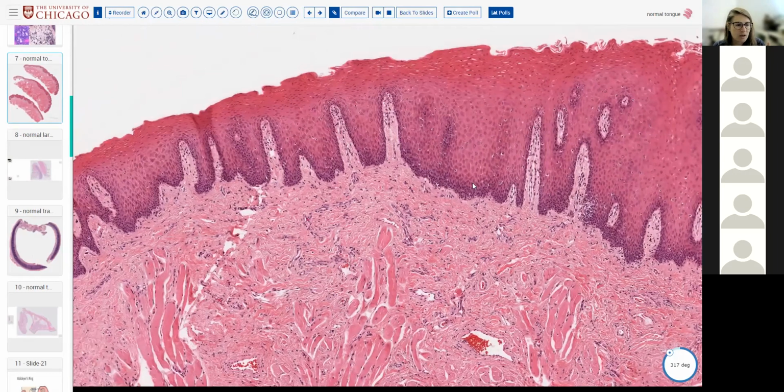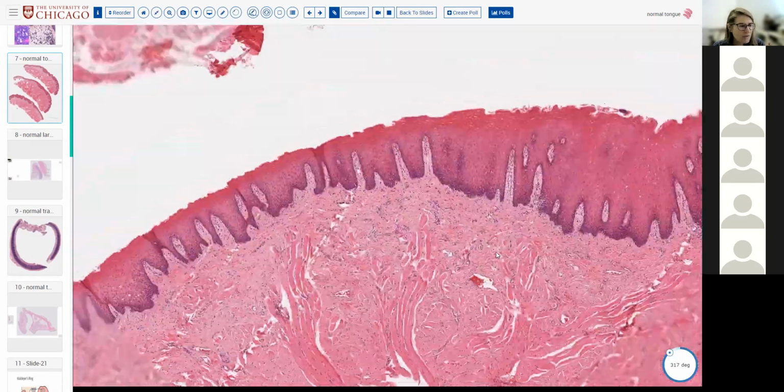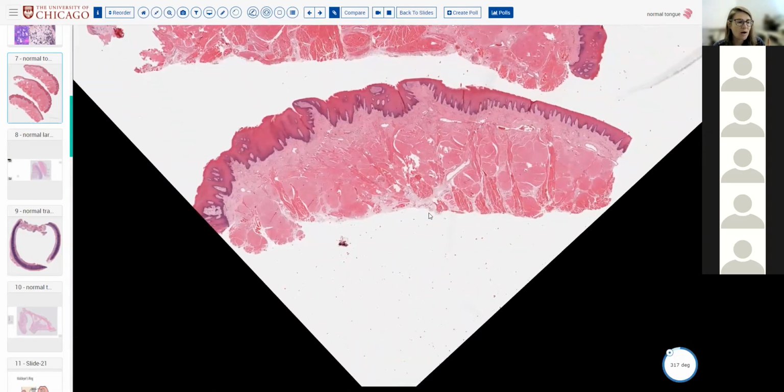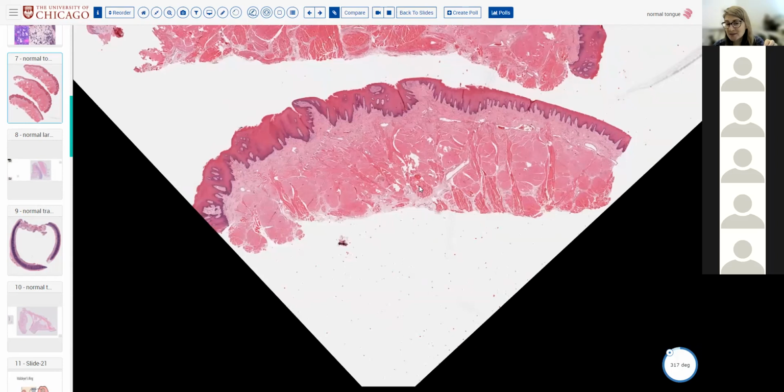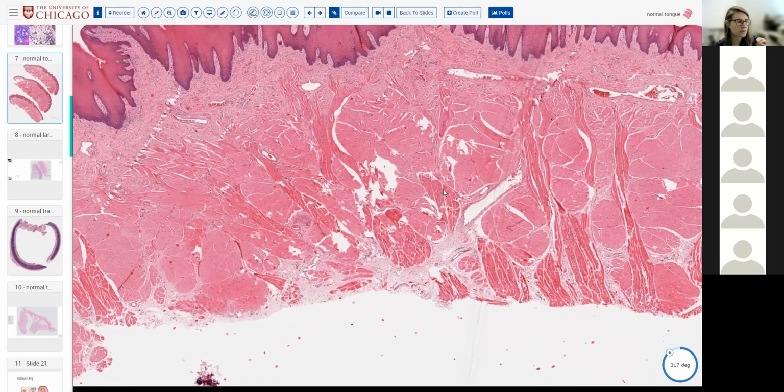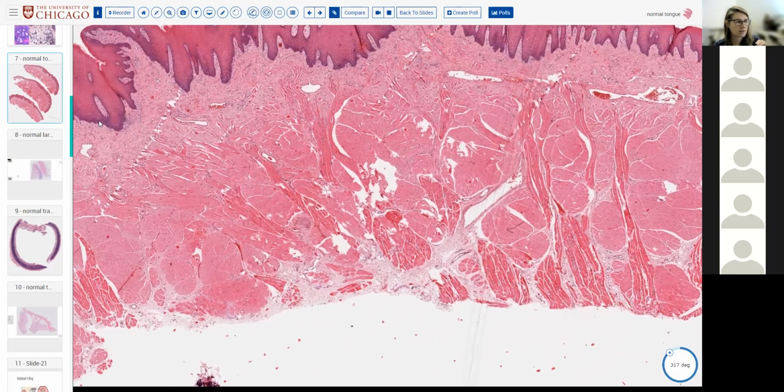squamous epithelium. The one thing I will mention, unfortunately, I'm sorry, I don't have a slide of it, but these are the intrinsic tongue muscles, okay? What is different structurally about the intrinsic tongue muscles compared to the extrinsic tongue muscles?